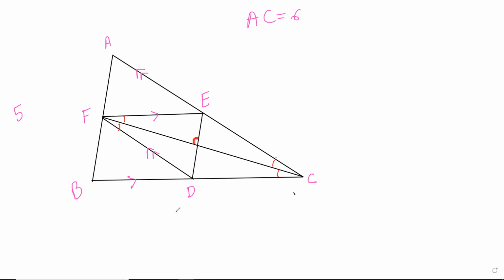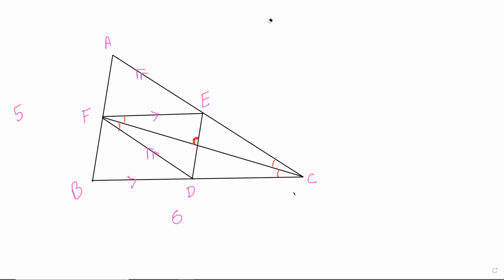BC was 6, and AC was 4. Oh, it was opposite. So then the figure is not like that, but I don't think that really matters.